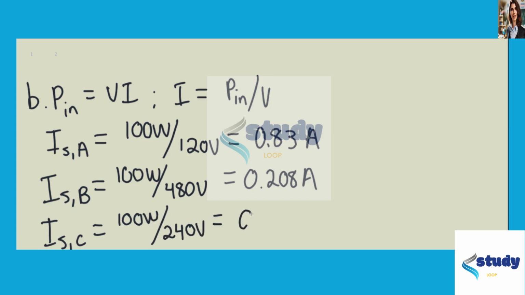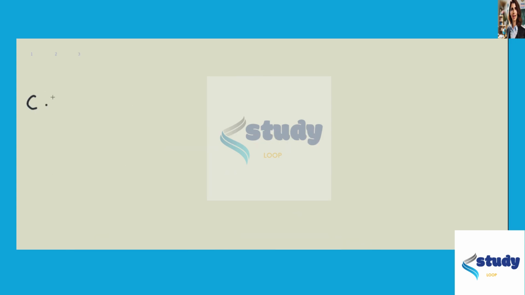This is giving us 0.416 amps. And so we can rank them. I sub S A would be greater than I sub S C, which would be greater than I sub S B. And this would be our answer for part B.